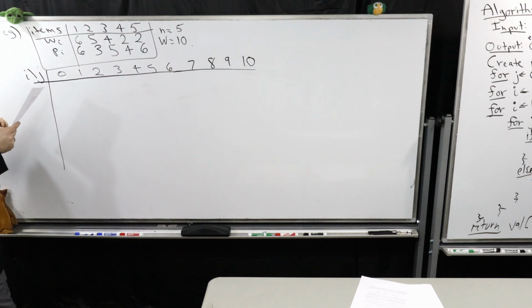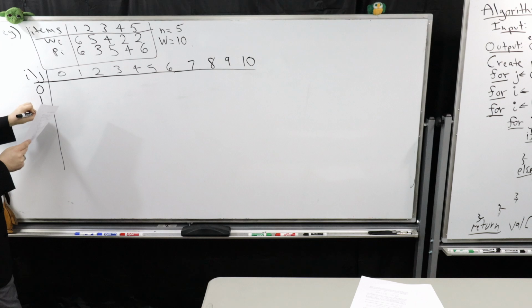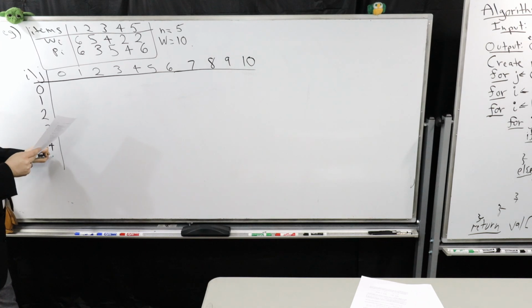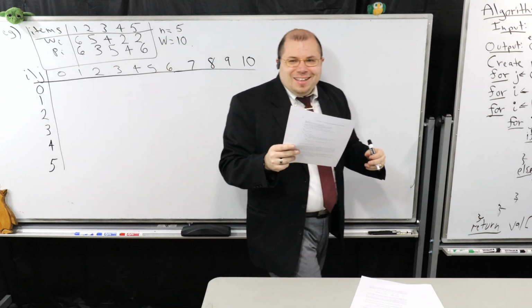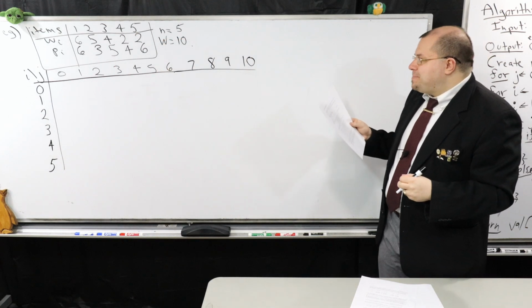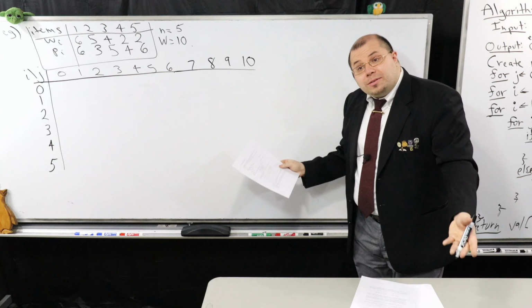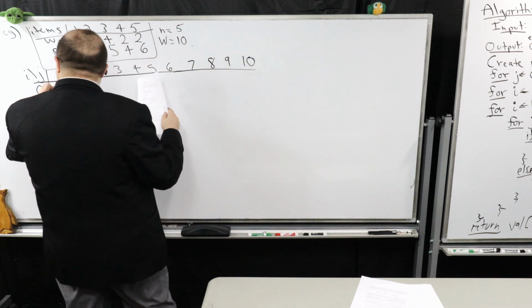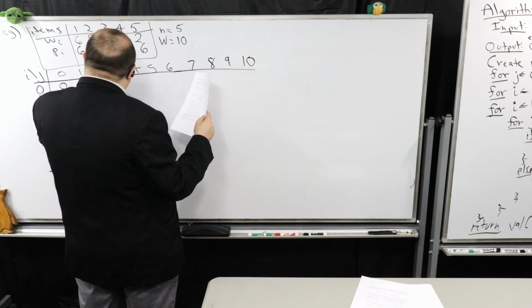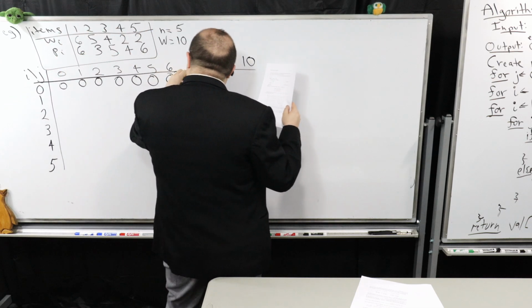I'm going to have 6 because I started at 0. It goes 0, 1, 2, 3, 4, 5. Notice the extra dimension, one extra on the rows and columns. So the algorithm tells me I'm supposed to fill in the first row and first column with zeros. That's the first 2 loops. I just fill those in.